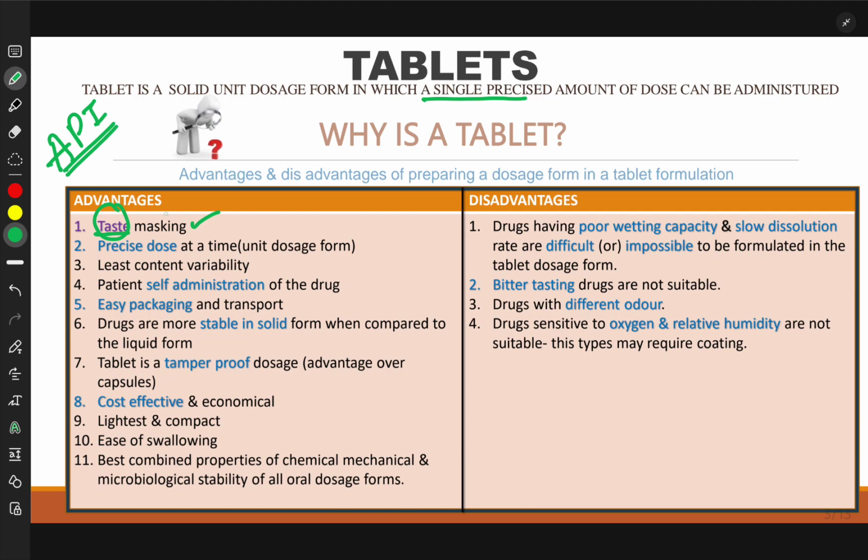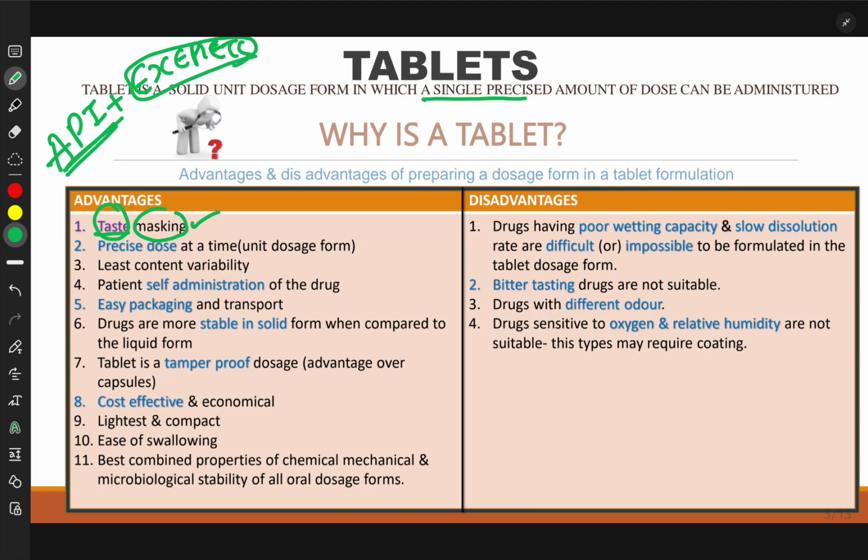So taste is masked by using excipients, because tablets are prepared along with the API. We are studying excipients further in great detail, you cannot imagine how many excipients are used in a single tablet. You will be wondering when some drug like telmisartan is taken at 40 mg.